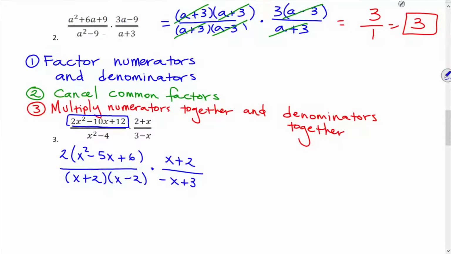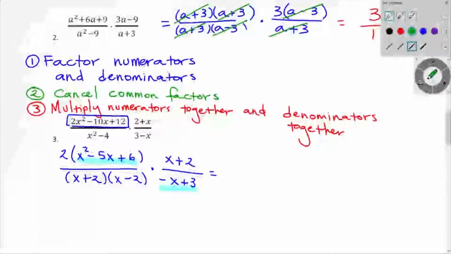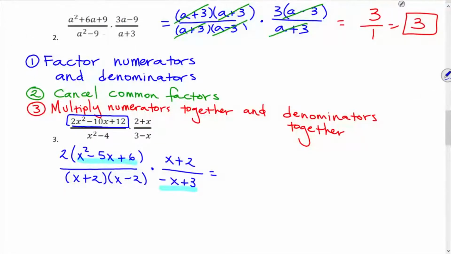So I'm not done factoring. I'm going to go one more step in factoring, and I'm going to take care of this trinomial here and factor a negative out of this. So here we go. I get 2 is still there. Okay, this trinomial x squared minus 5x plus 6 is the simple ABC method where I have x and x, two numbers that multiply to be 6 and add to be negative 5 is negative 3 and negative 2.